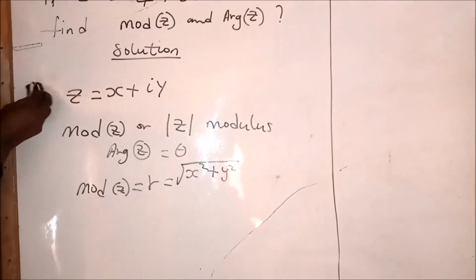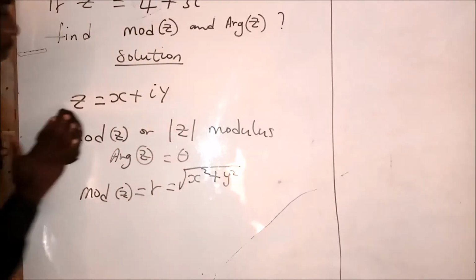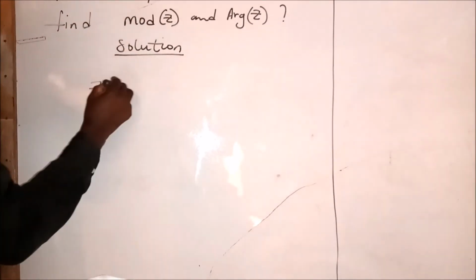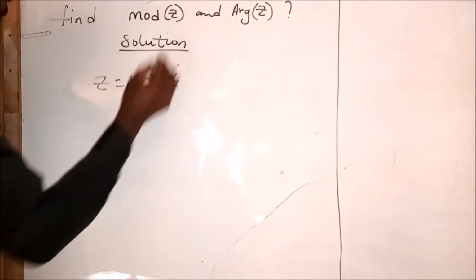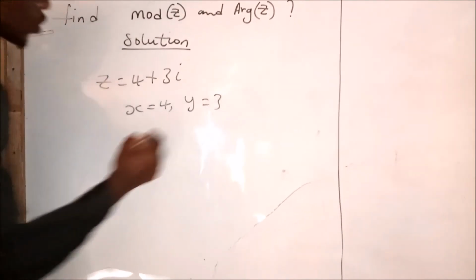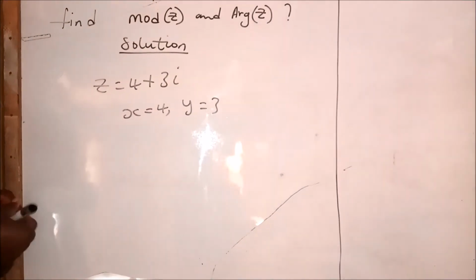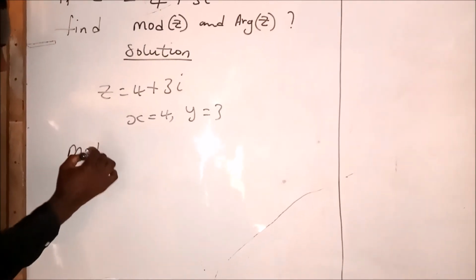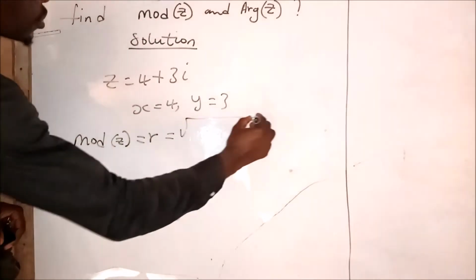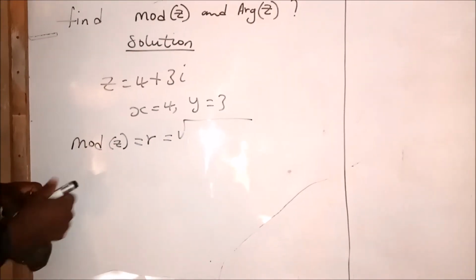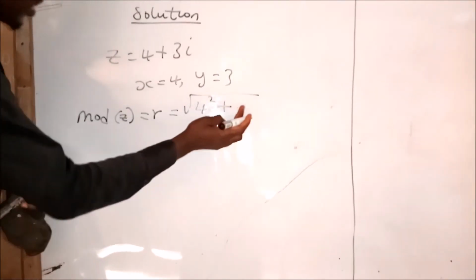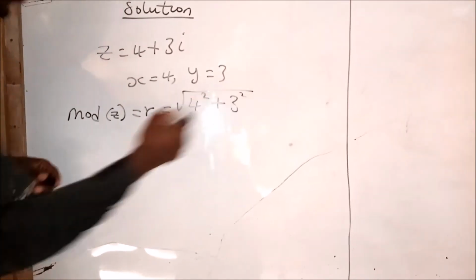As we see in this particular example, z is 4 plus 3i, so our x is equal to 4 and our y is equal to 3. Now, mod z, which is our small r, is the square root of 4 squared, that is x squared, plus y, which is 3, so 3 squared.